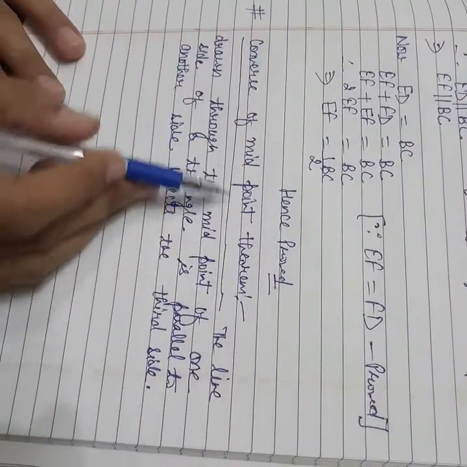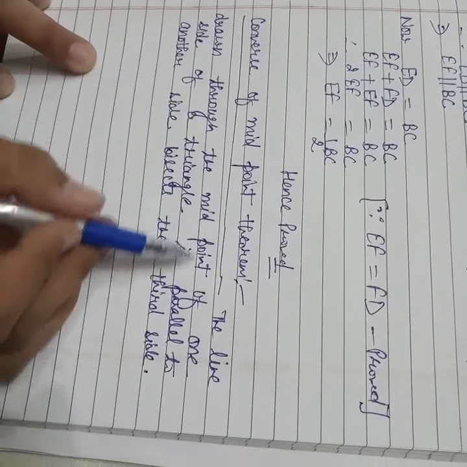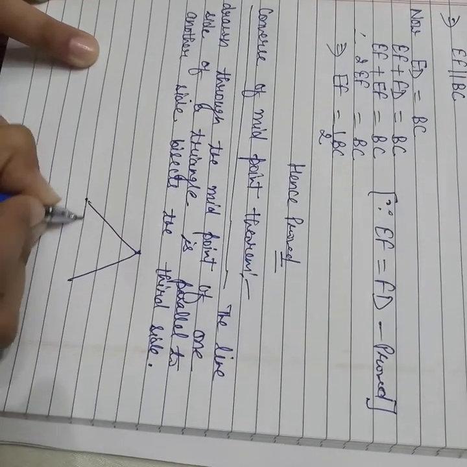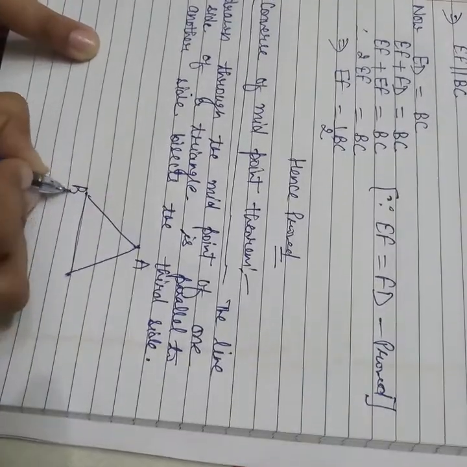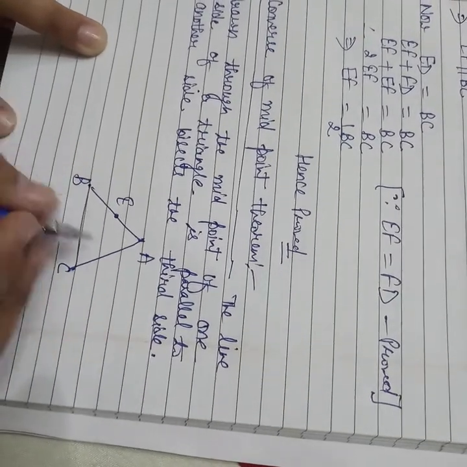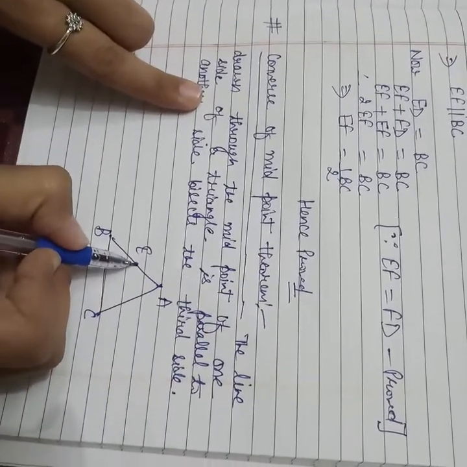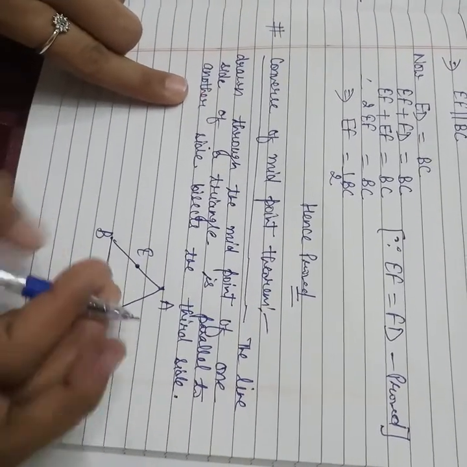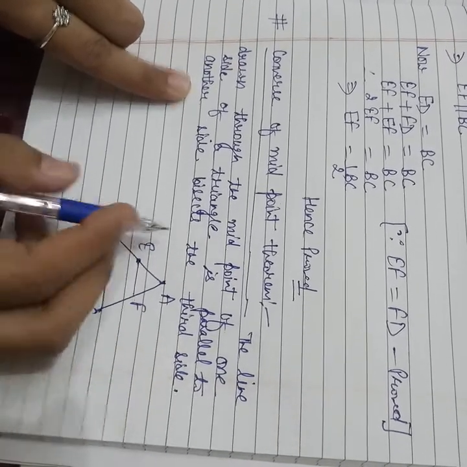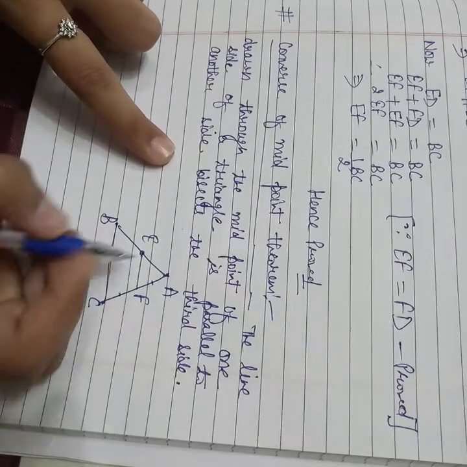Now the converse of the midpoint theorem, that is the opposite of the midpoint theorem, says: the line drawn through the midpoint of one side of a triangle ABC, let E be the midpoint of AB, parallel to another side, that is parallel to BC, bisects the third side, that is AF equals FC.